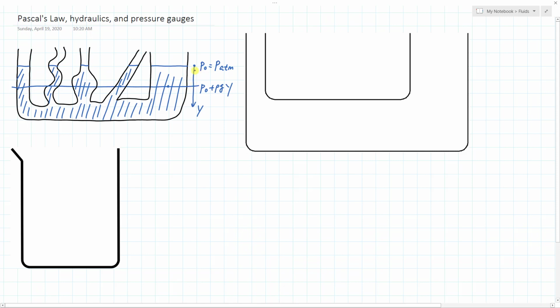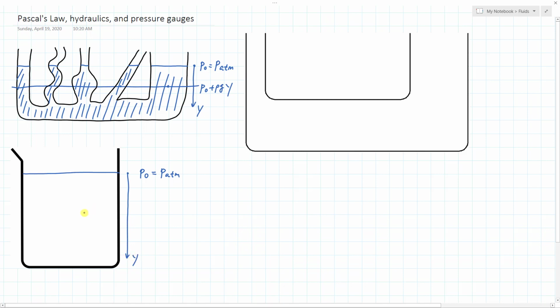Okay, so what if we have liquid here? So this is just a simple beaker. So we have liquid here, and what we want is we want to just use that formula again. So we set up this point, which is P0, and at the moment it is the same as atmospheric pressure, and this points down.